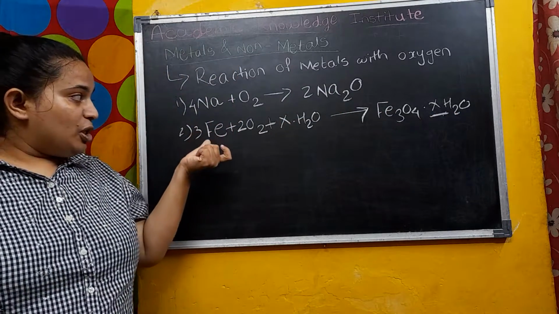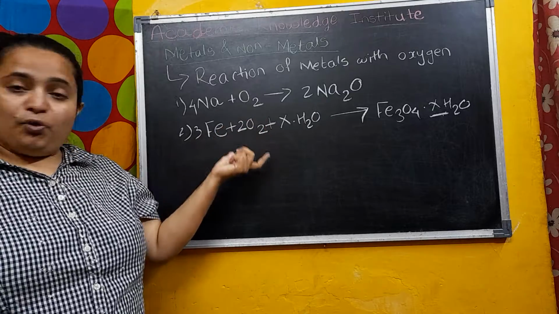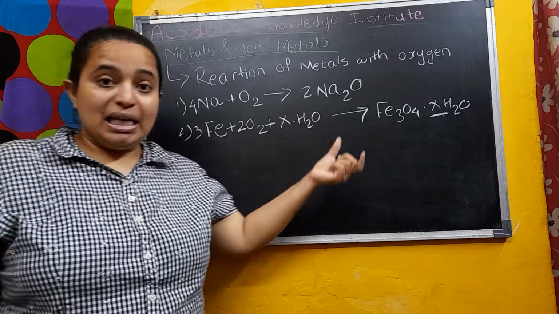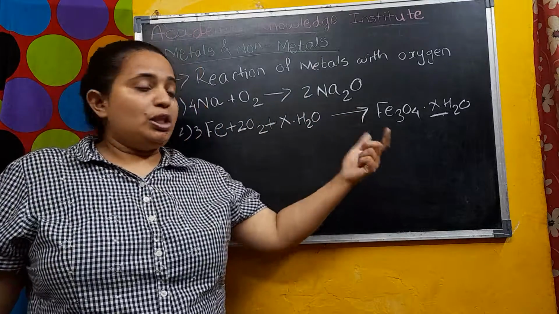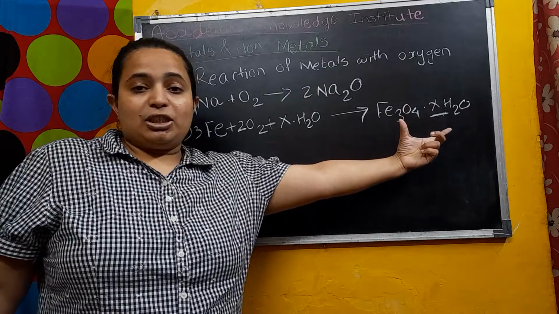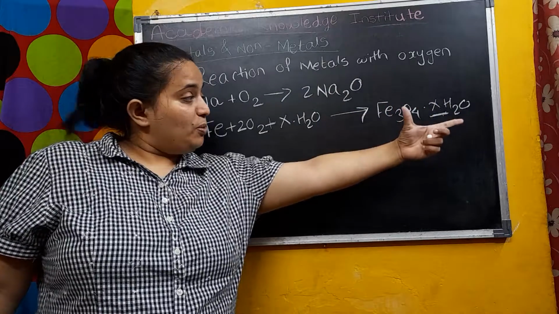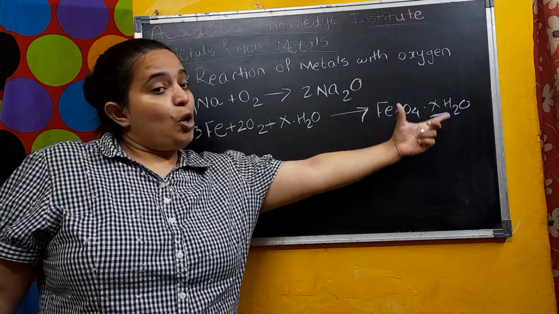If you take 3 molecules of iron with 4 molecules of oxygen and water molecules, you can take 2, 3, whatever, it will give this product. What we call this is ferroso-ferric oxide.